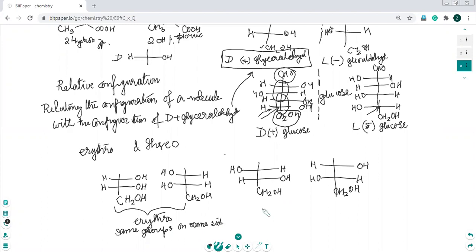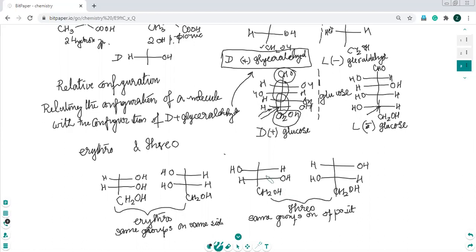Now here, these two are known as threo. So threo means same groups on opposite sides.